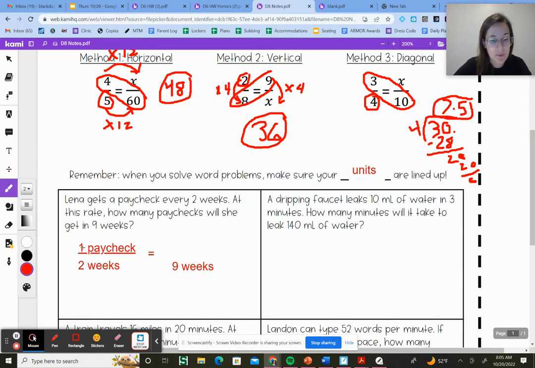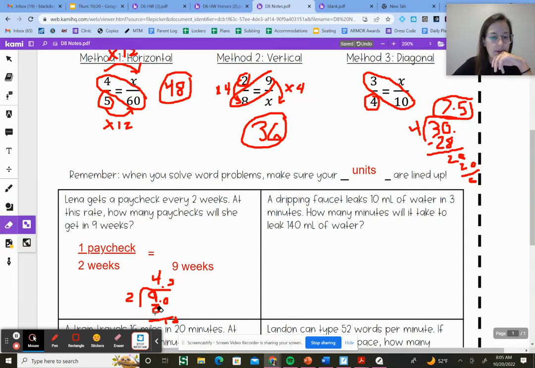So 9 times 1 is 9, divided by 2. 9 divided by 2. 2 times 4 is 8. Decimal 0. 2 times 5 is 10. That got kind of cut off, but it is 4.5.